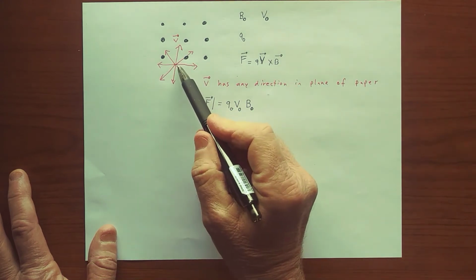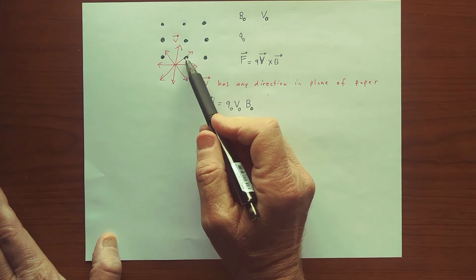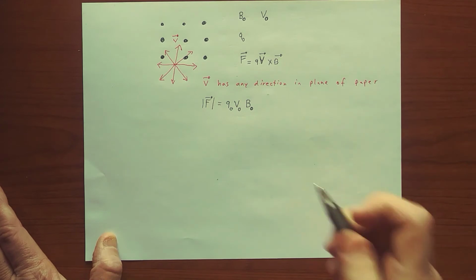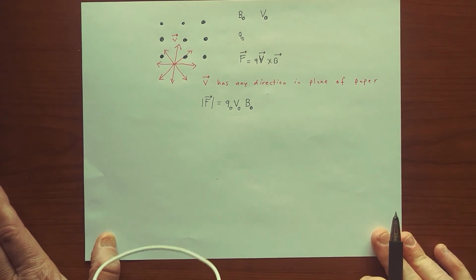But any of these red directions, as we can see, are perpendicular to the direction out of the page, and so we get that the sine of the angle between the two is 1, and so that's the maximum magnetic force.